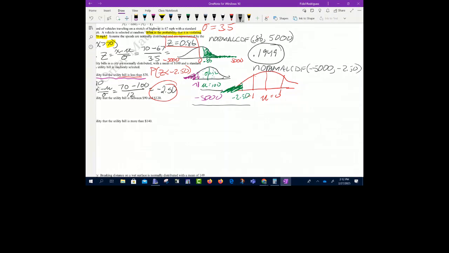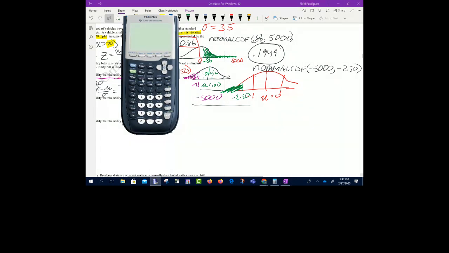So again, y'all, when I come back over here, let me grab my calculator again. Let me turn it on. Okay. I'm just going to go second enter. And again, y'all, I'll come back this way. We said negative 5,000, right? 1, 2, 3, comma, and we went to negative 2.50 or negative 2.5, didn't really matter, right?